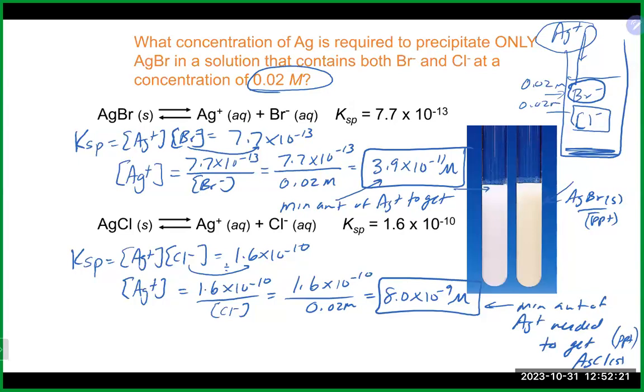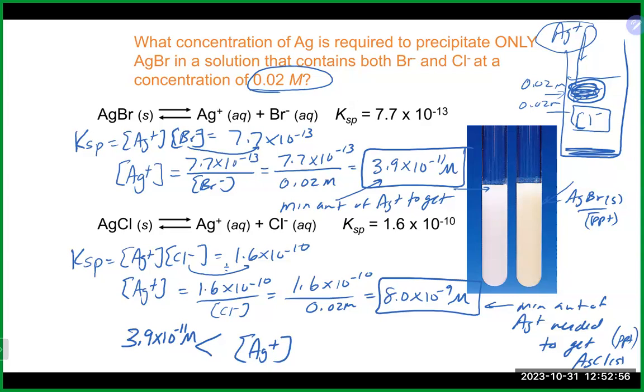So if I wanted to do this selectively, I should have a concentration of silver that is greater than 3.9 times 10 to the minus 11 molar, because when I do that, what's going to start to precipitate out? The bromide. And I could gradually keep increasing the silver concentration until I do not see any more solid, as long as I keep it under what number?